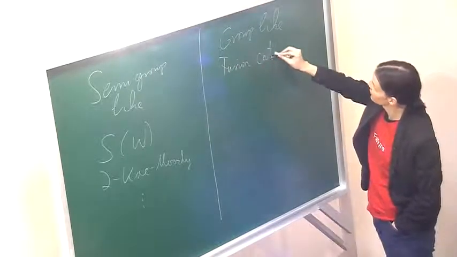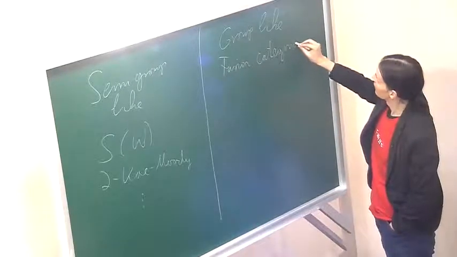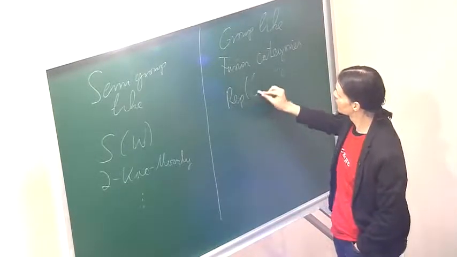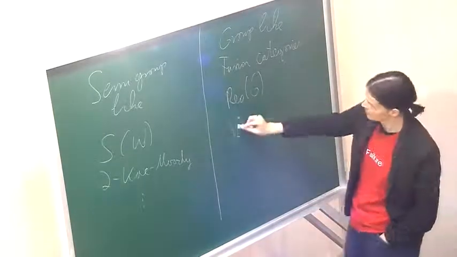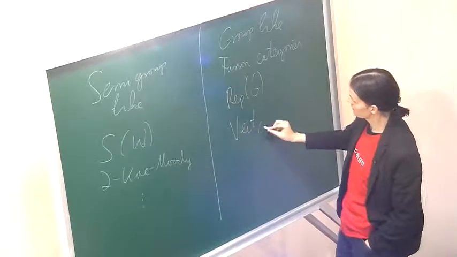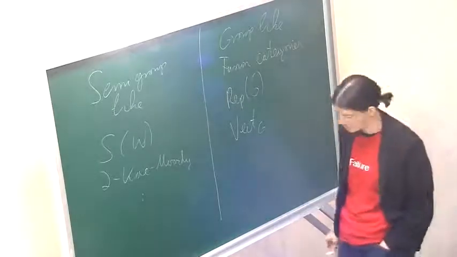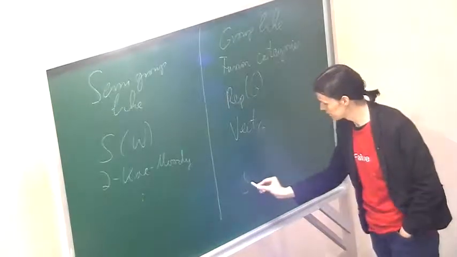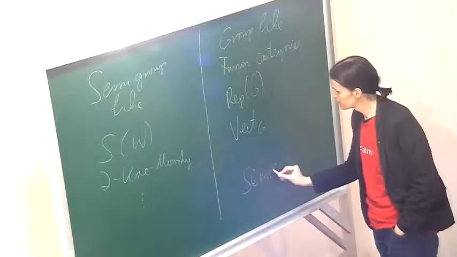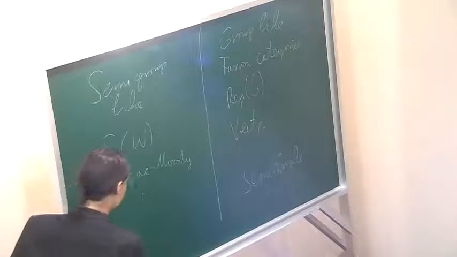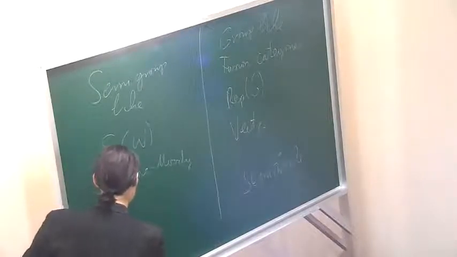If you've never heard about fusion categories, I'm going to explain what they are. But you can think about something like Rep of a finite group, or G-graded vector spaces. G is always a finite group. So this is semi-simple, and this usually is very complicated and non-semi-simple.